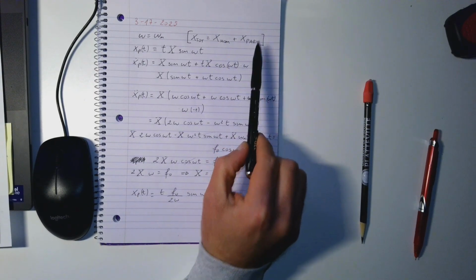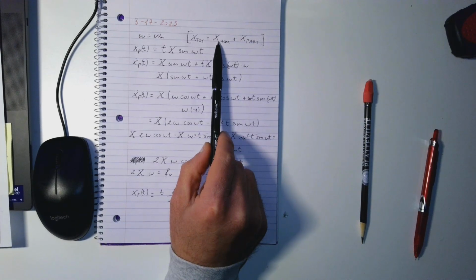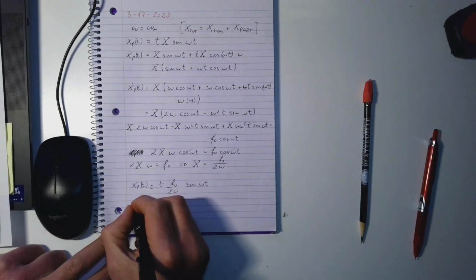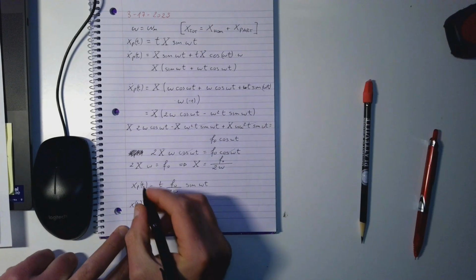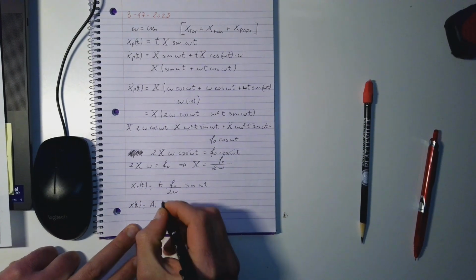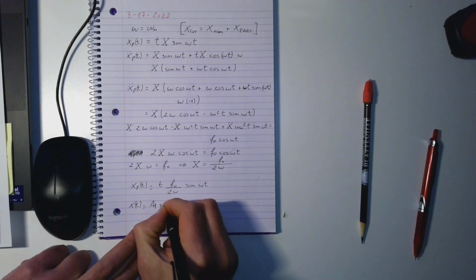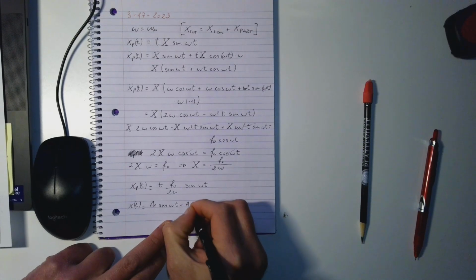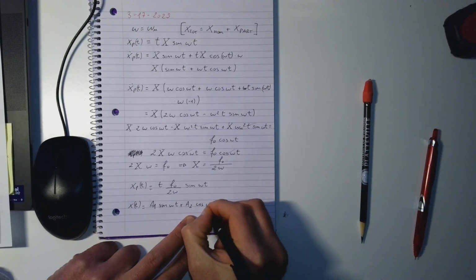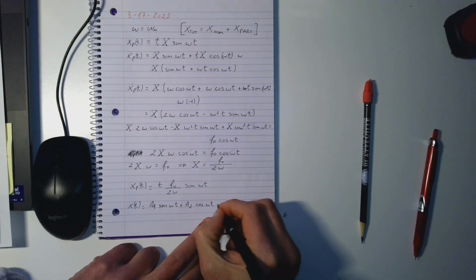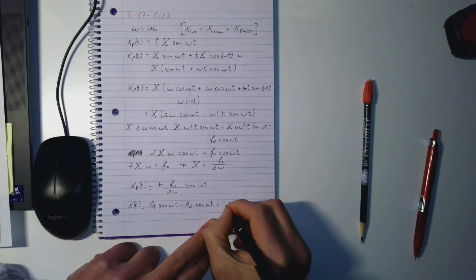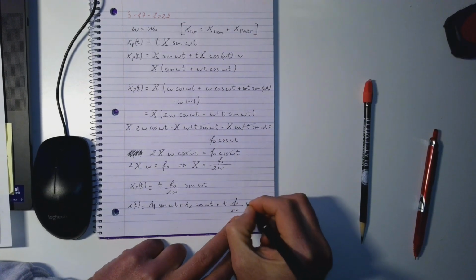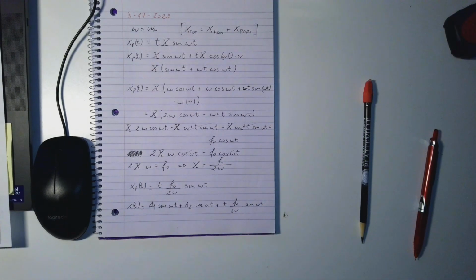Exactly like we did before, we need to add the solution of the homogeneous equation and the particular solution, which means that our total x of t will be equal to a1 sine of omega t plus a2 cosine of omega t plus this term here, which is t f0 divided by 2 omega sine of omega t.